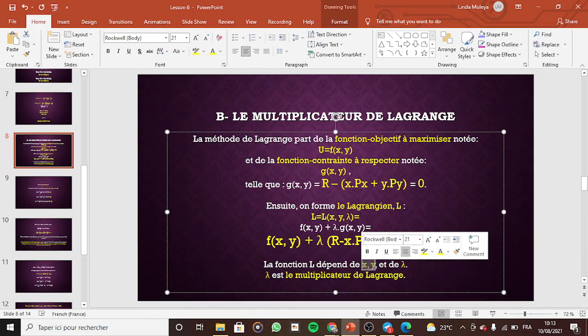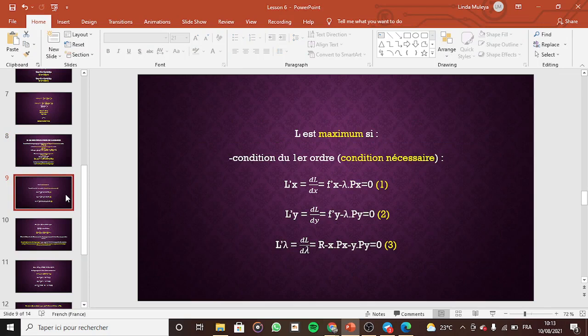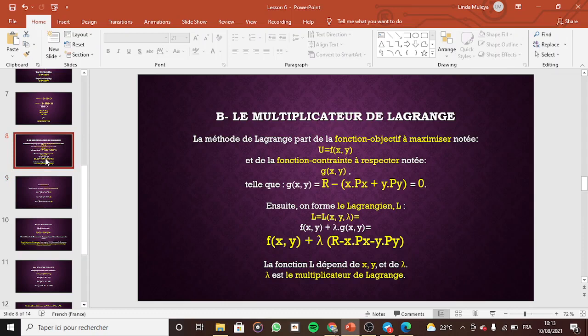Voila. So our next slide shows us exactly how we're going to differentiate, or what it looks like, the final result of differentiating this formula. In the first case, you are differentiating this formula of Lagrange in terms of x.